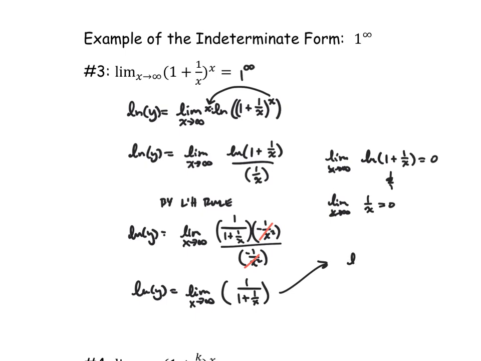So I'm getting that the natural log of y is equal to 1, which means that y equals e to the 1, which means that y equals e. This is really, really cool and actually very foundational for very important topics such as population growth and all that good stuff. But this limit actually equals e. It's awesome.